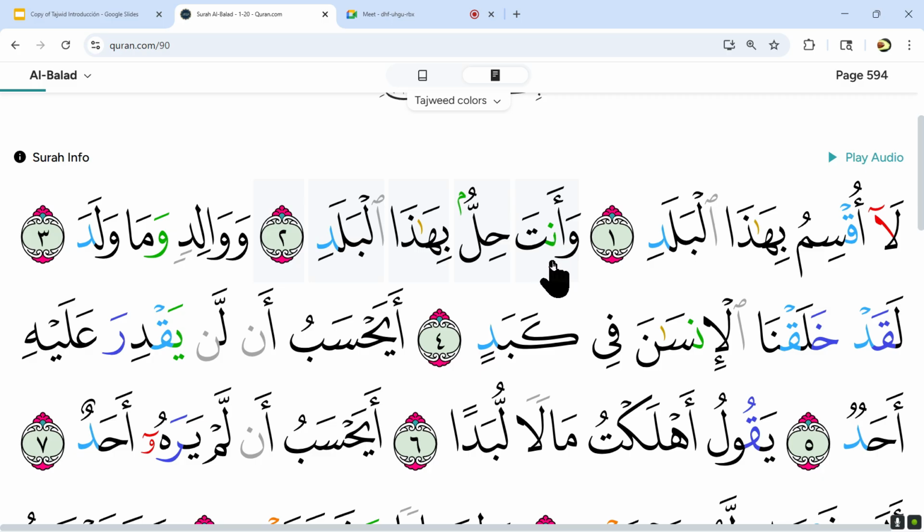This noon, ikhfa. وأنت حل. Right here, iqlaab, it turns into a meem. That's ikhfa right there because it's a ta. Oh, I thought you said ikhfa. My bad. So you hold on to it twice, mute it. Right here, iqlaab, turn into a meem, hold on to it twice.